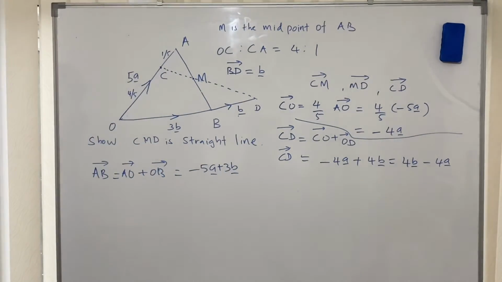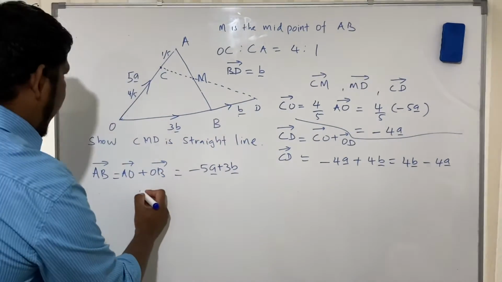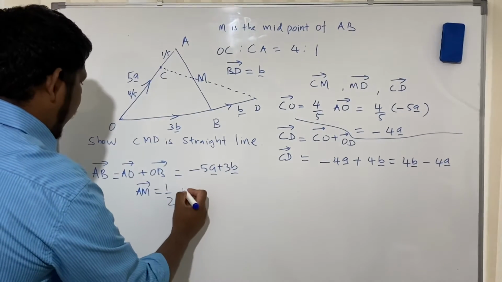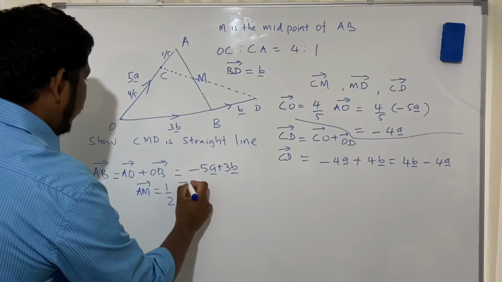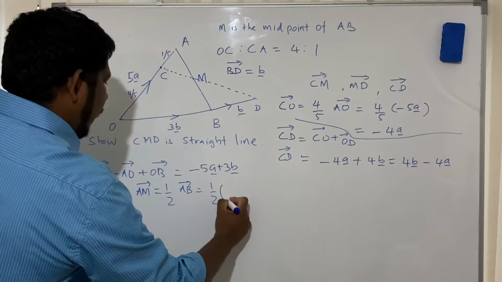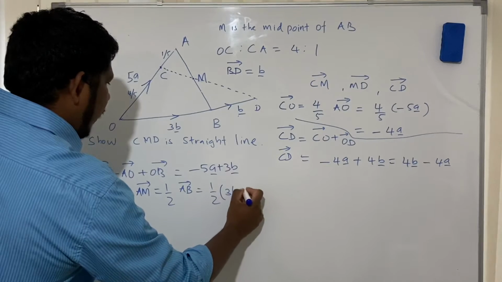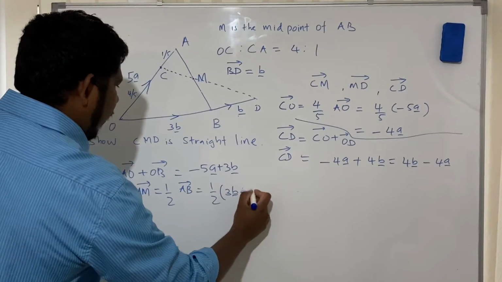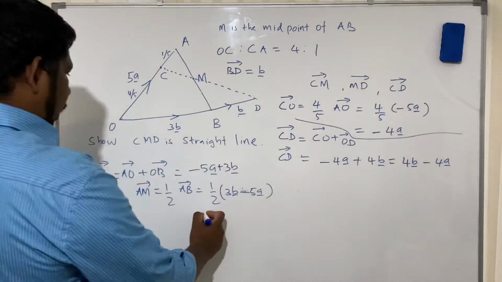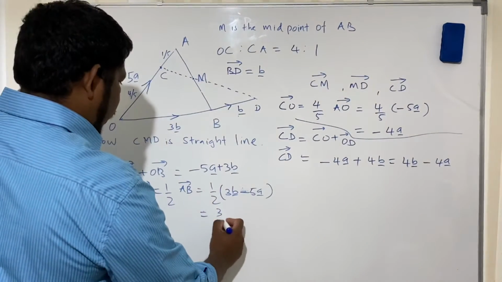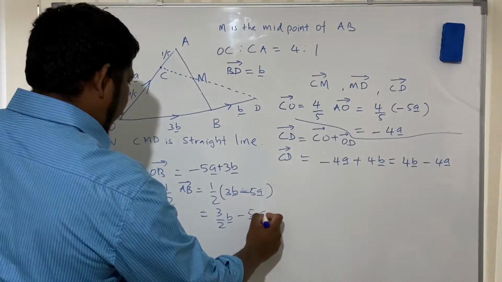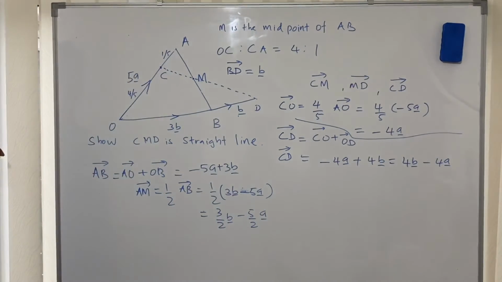Okay, that's vector AB. So AM is half of AB. That means half of, again put 3B, 3B -5A. So I can write down 3/2 B minus 5/2 A. This is vector AM.